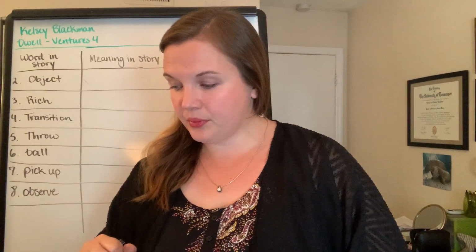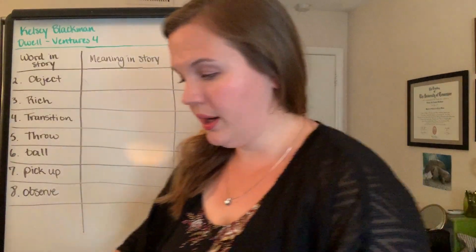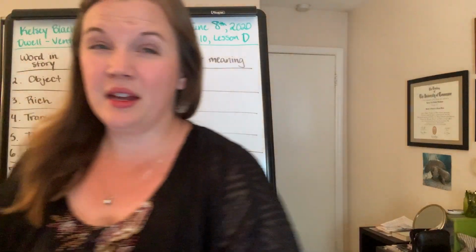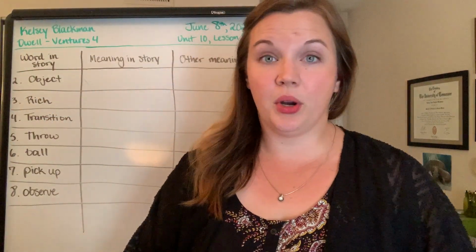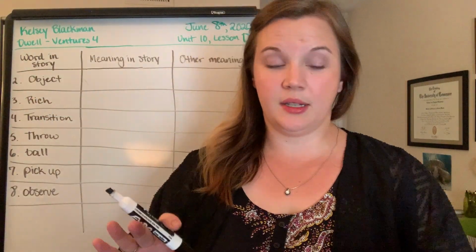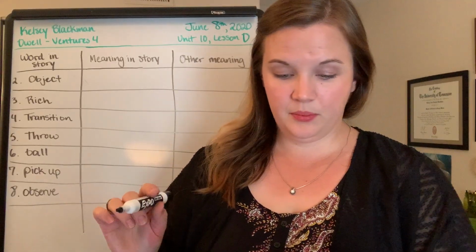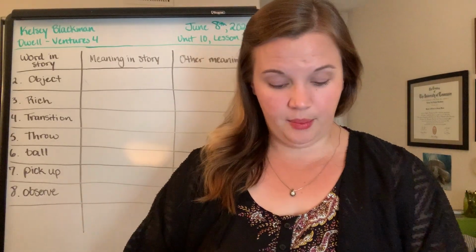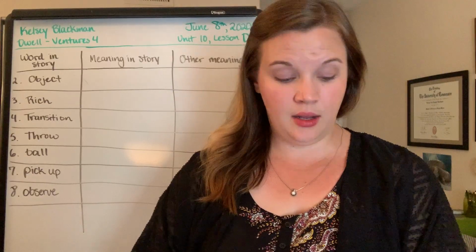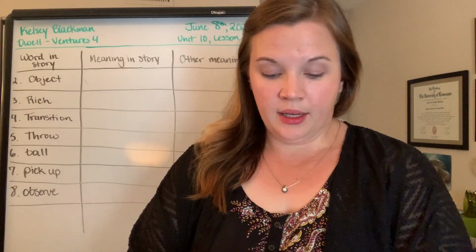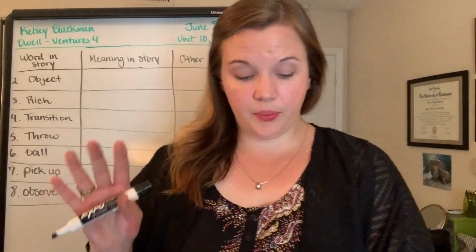So let's go through these quickly, but I think vocabulary is very important, so that's why I wanted to spend time on this. If you'll see in your book on page 129, number 1 was already done for you.